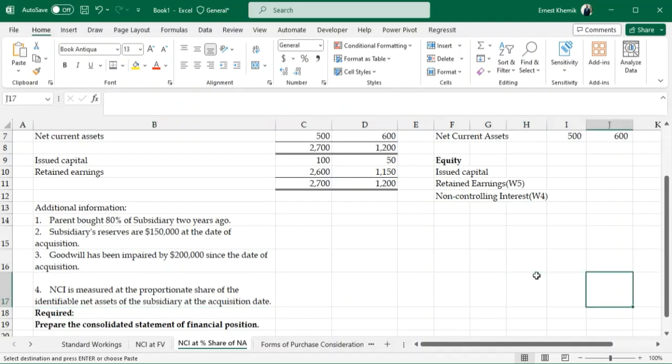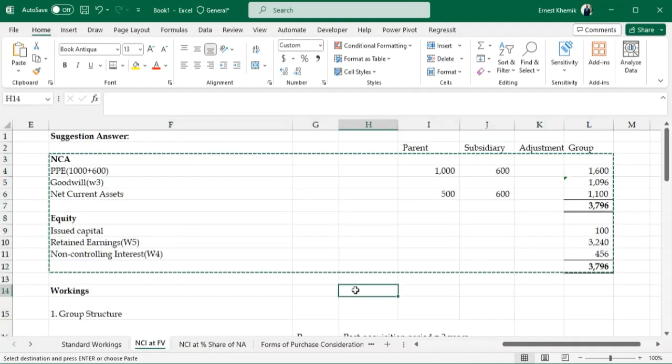So when that happens, then the calculation for NCI and the group retained earnings will change. Remember, the calculations for goodwill, NCI, and the group retained earnings are going to change. The rest remain the same.